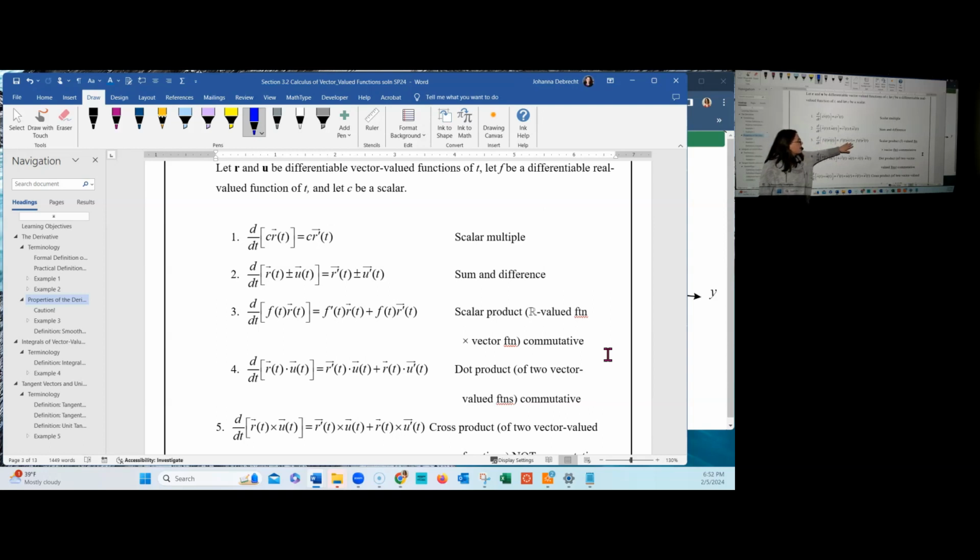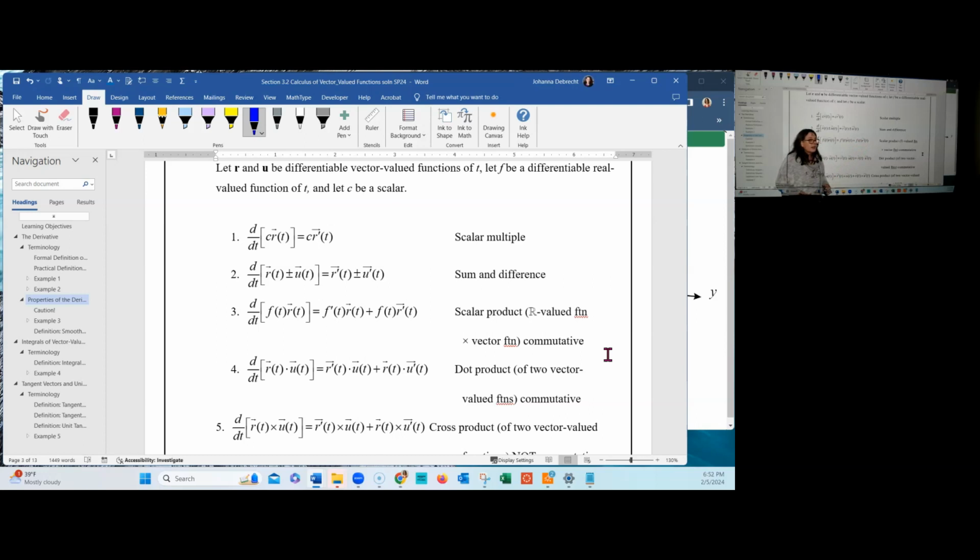Notice that when you apply this, you get essentially the same thing you would have gotten if you'd done the product rule in calculus 1. So you have the derivative of the first times the second plus the derivative of the second times the first. Notice the order is different, though, from what we do in calculus 1. Now, because this is commutative, it doesn't really matter.